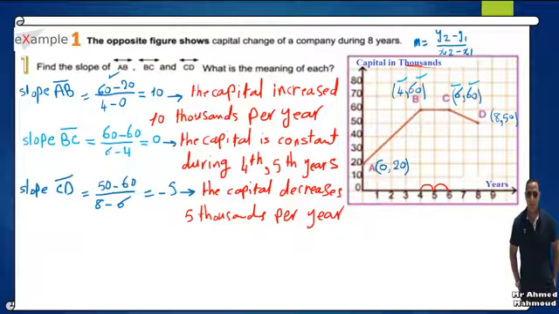Again, 5,000 per year. In the first year it decreases 5,000, and in the second year it decreases 5,000. Finally the decrease is 5 plus 5 equals 10.